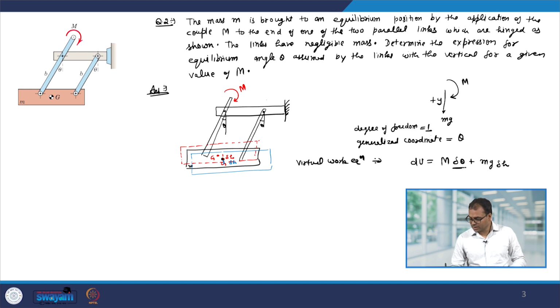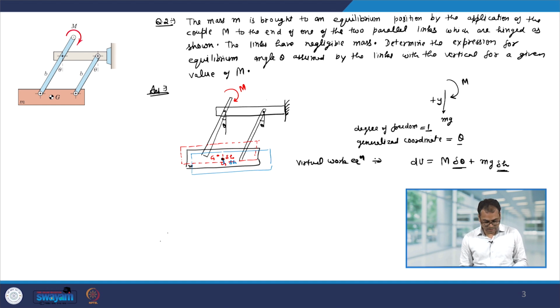Now, let me write down this theta and dh in terms of theta. So, this d theta is already in terms of theta. The only thing that I have to do is I have to write down this dh in terms of theta, because theta is our generalized coordinate. So, for that I have to find out a relation between h and theta.